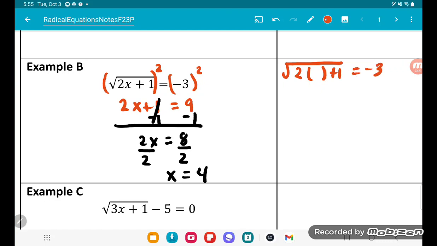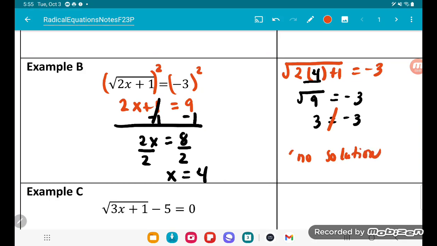When you check your answer, we're going to replace x with 4. 2 times 4 is 8. 8 plus 1 is 9. The square root of 9 is 3, which means 4 cannot be our answer. So this, example B, is no solution because 4 is extraneous.